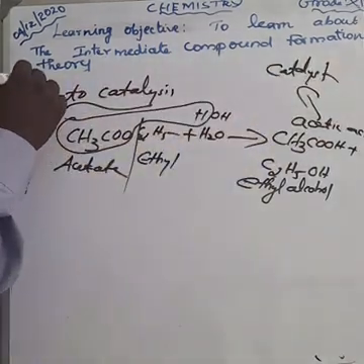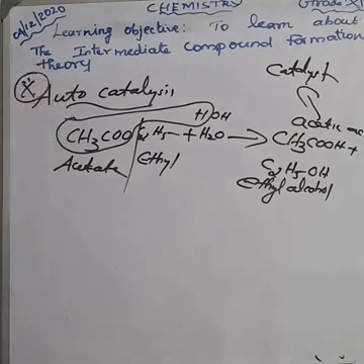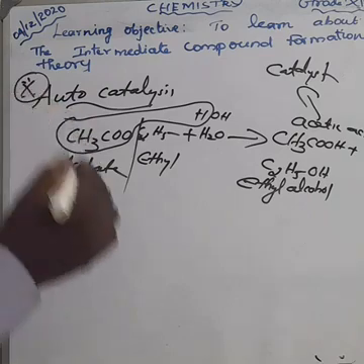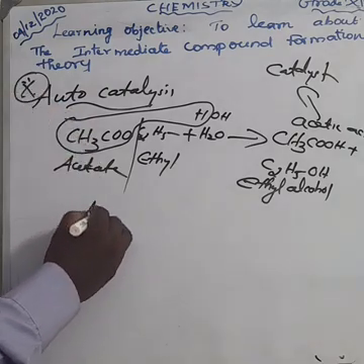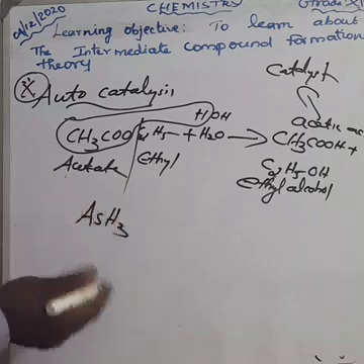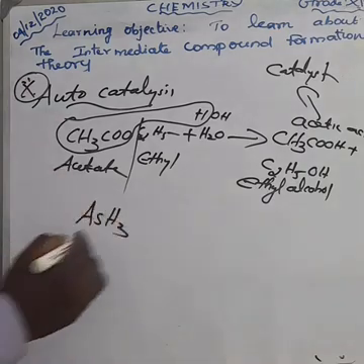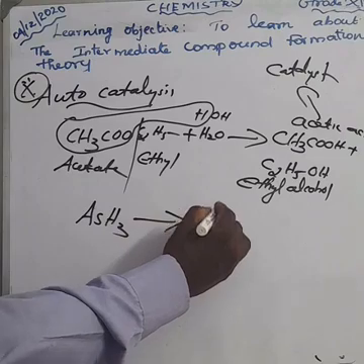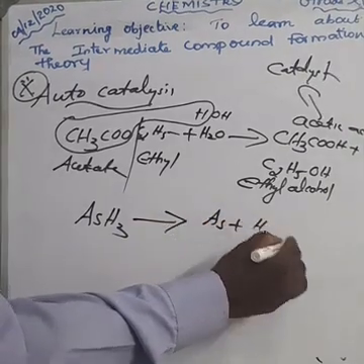It's one of the very important questions. Autocatalysis: in a certain reaction, one of the products formed acts as a catalyst to the reaction. Clear? One more example is arsenic trihydride, AsH3, which on decomposition gives arsenic plus hydrogen.